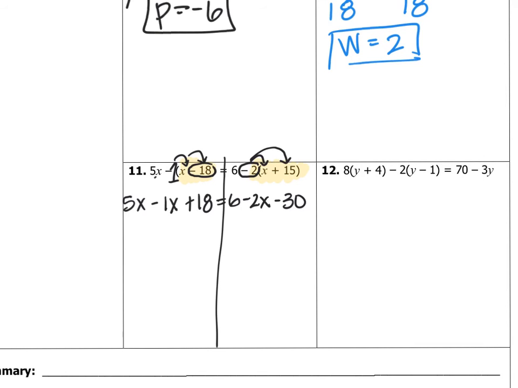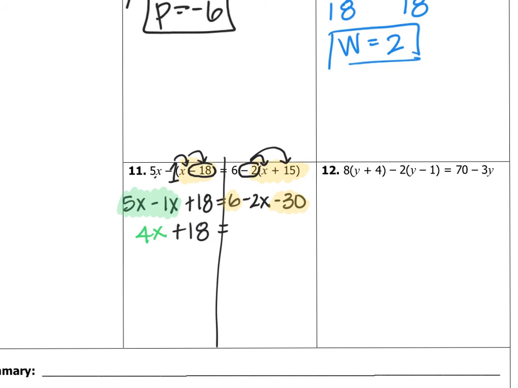Once you've distributed, we're going to combine like terms. So on this left side, I have a 5x minus 1x, and that makes 4x. So I have 4x plus 18 equals, on the right side, I have a 6, a +6, and a -30.